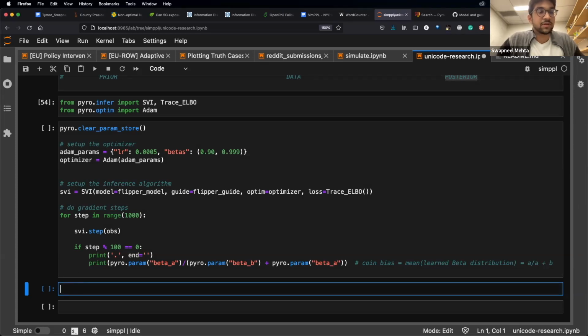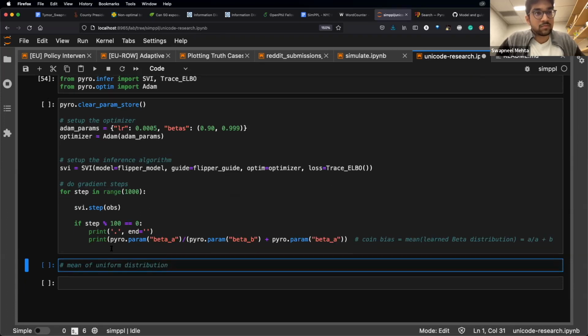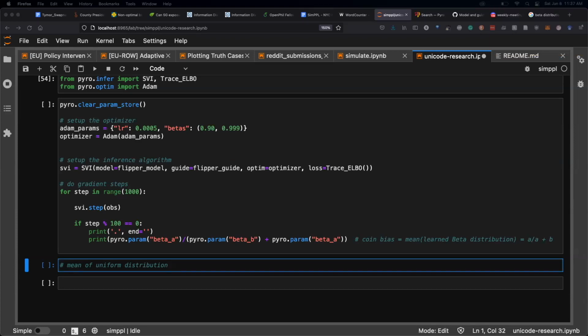Can someone tell me the mean of the uniform distribution? If I tell you there is a uniform distribution over 0 to 1, what is the mean value of this distribution? 0.5, right? If it's 0 to 1.